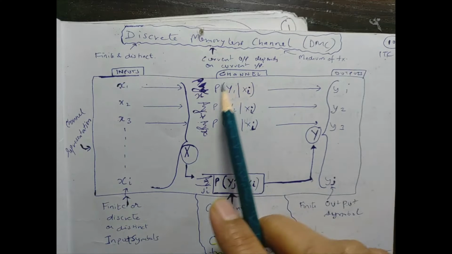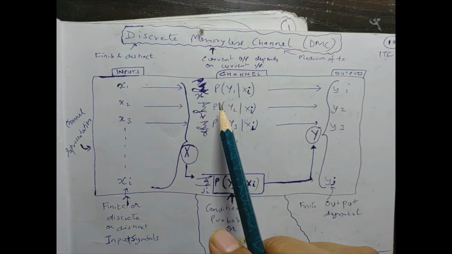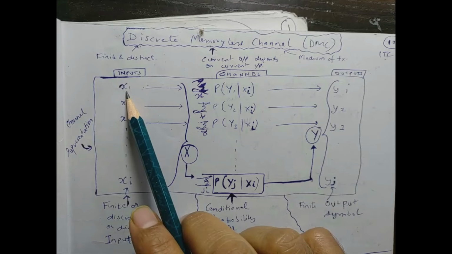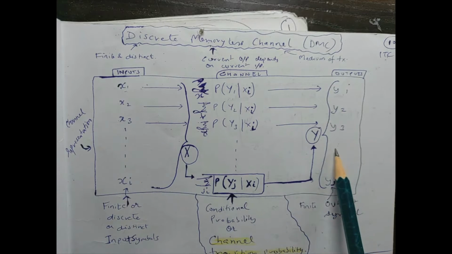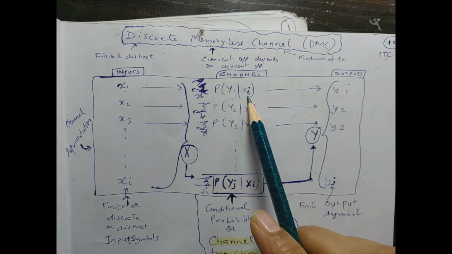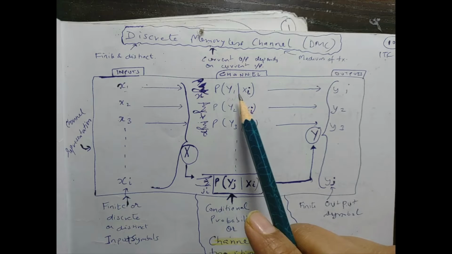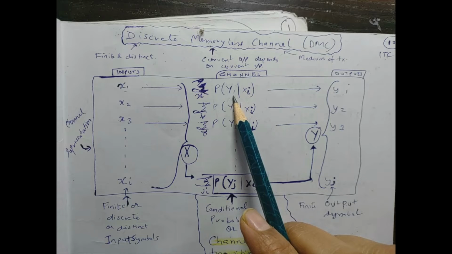A channel is linked to its probability. How? Input signal x1 can generate output signal y1, y2 or y3. So a single input signal can be there existing, which can result in output.